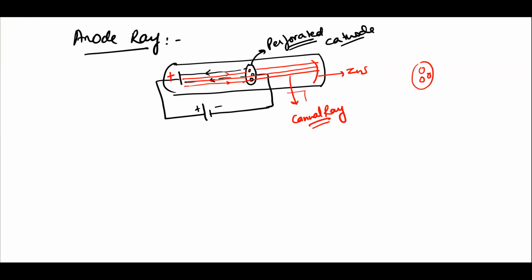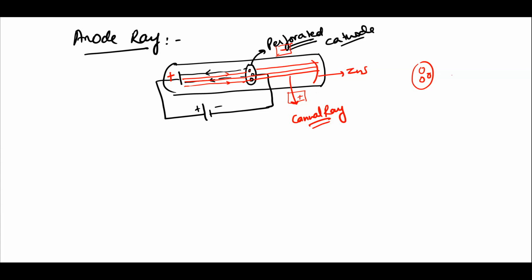If we bring a negatively charged plate here, these rays start moving towards the negatively charged rod. Let me show you with the help of diagrams and video so that you can understand better. They move towards the negatively charged rod because they are positively charged.